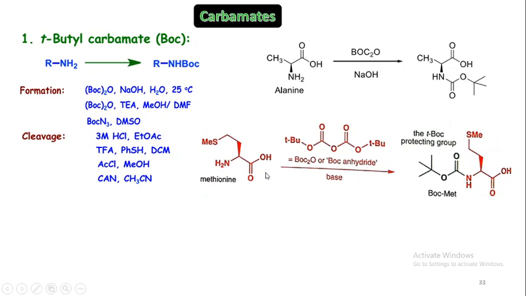This is methionine. Here also the NH2 group is present, and this needs to be protected. This is the BOC anhydride. When this amine is reacted with BOC anhydride in the presence of base, the NH2 group is protected by means of this BOC. Therefore, this is the structure after the protection by using the BOC protecting group.